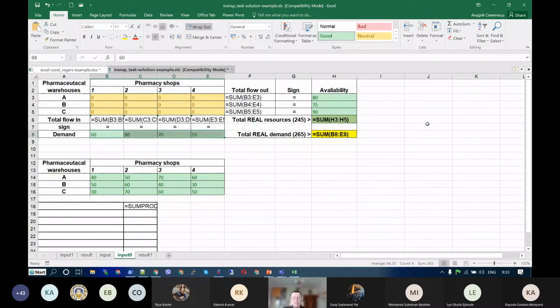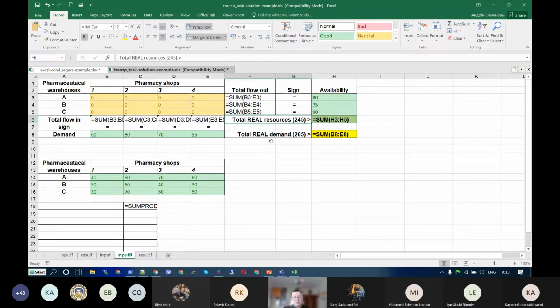The first thing that has to be done is to evaluate our resources and requests. In this case, it's obvious that we have resources smaller than demand, so we have an unbalanced problem.